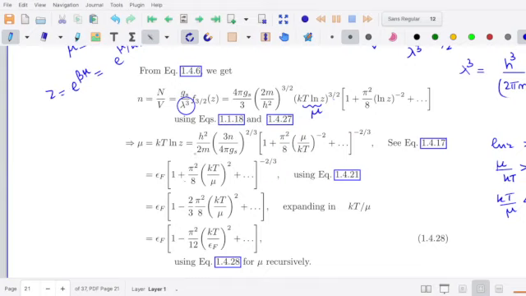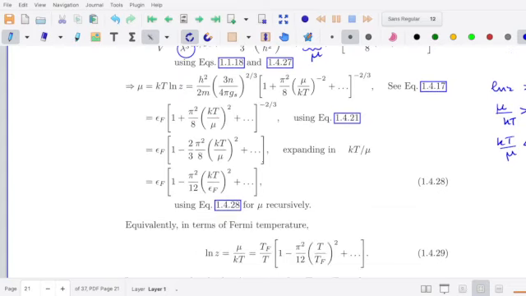Along the way, we also recognize that this prefactor appearing in front of the square brackets is exactly the expression for the Fermi energy. So we replace that expression by epsilon_F, and then this term is (1 plus pi squared by 8 (kT by mu) squared) to the power minus 2/3. Remember, the term that is getting added to 1 is small, and that is because kT by mu is small.